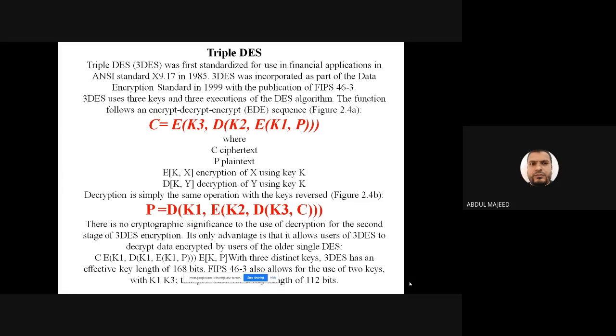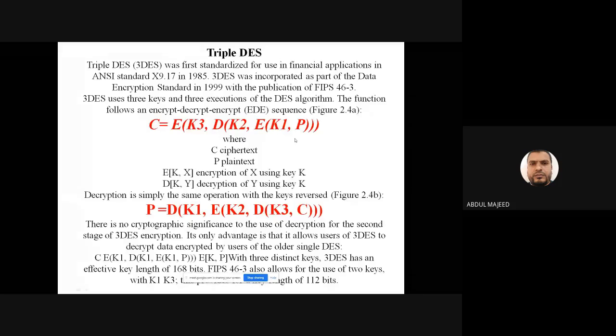We are applying the encryption algorithm E on that plain text P with the help of the key K1. K1 comma P indicates that we are doing encryption on this plain text P with the help of the key K1.